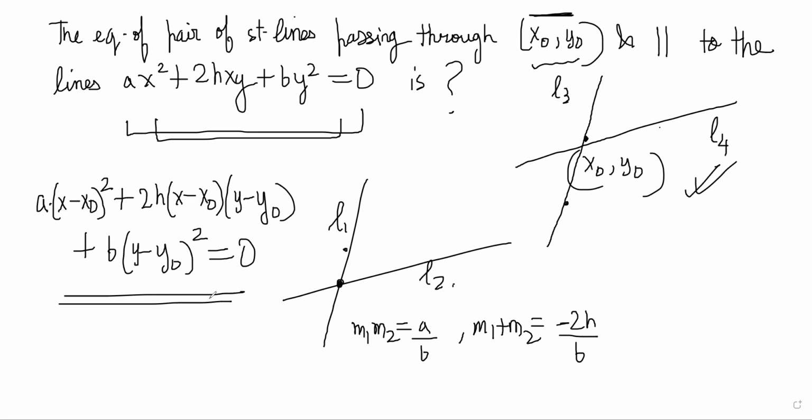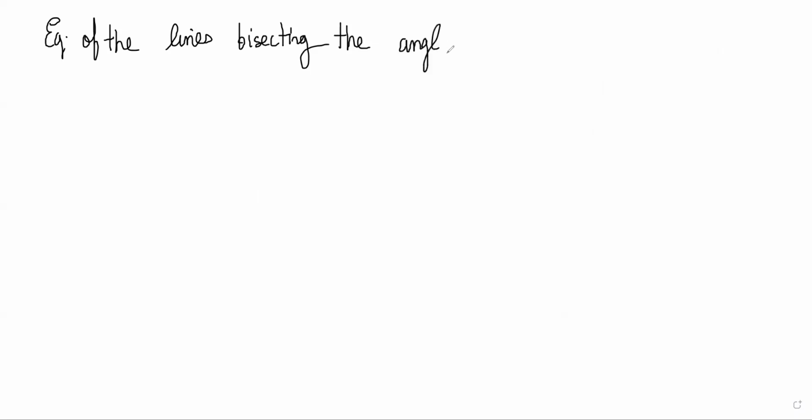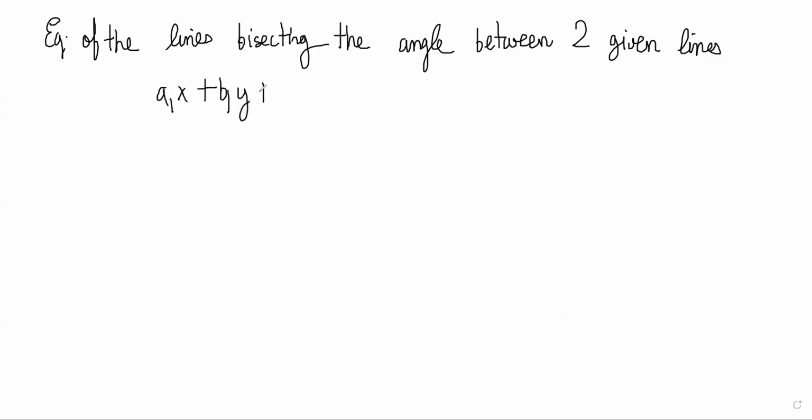Okay. Now, the next thing that we want to look at is the equation of the lines bisecting the angle between two given lines. So let's say we have one line a1x plus b1y plus c1 equal to 0 and another line a2x plus b2y plus c2 equal to 0.